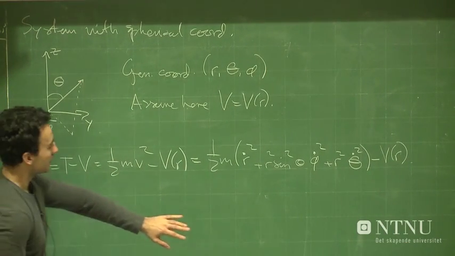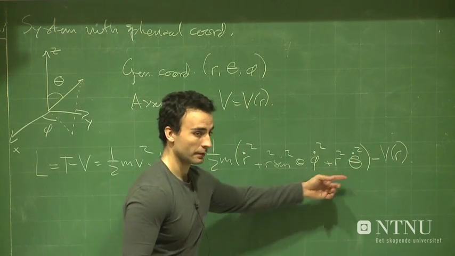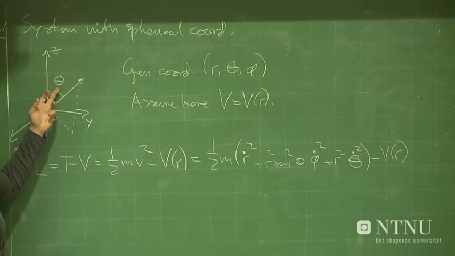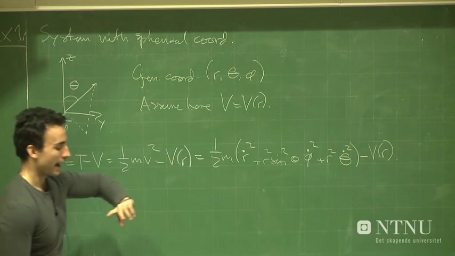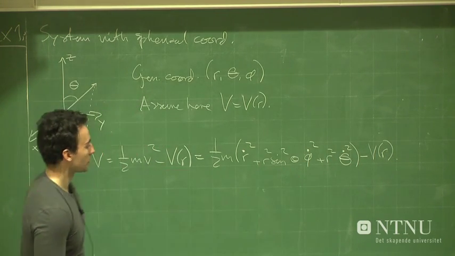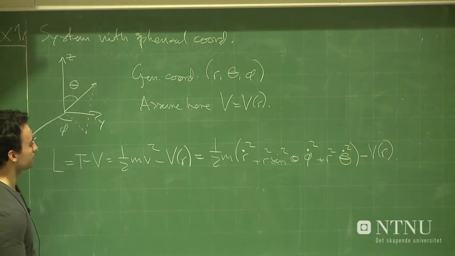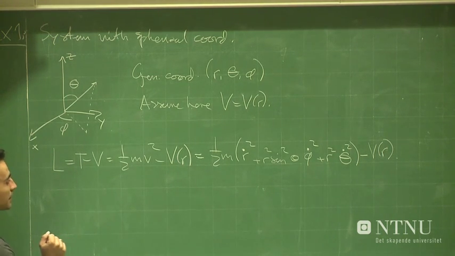We have a velocity associated with the radial motion, a velocity associated with the motion characterized by this angle theta, and also the angular motion in the xy plane, which is given by this term. So we decompose the velocity into three terms. Okay, we'll just follow our recipe.